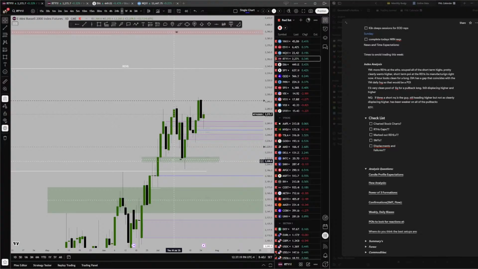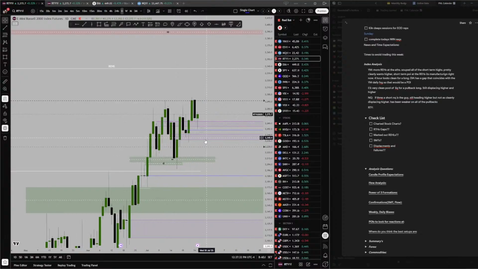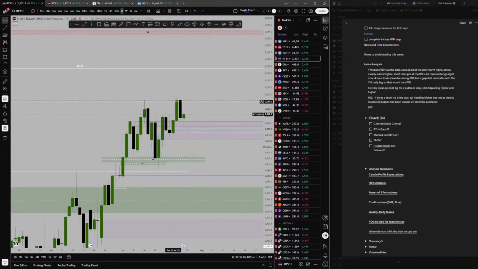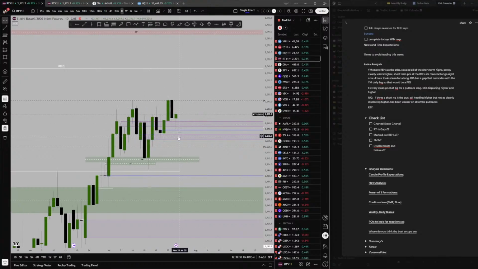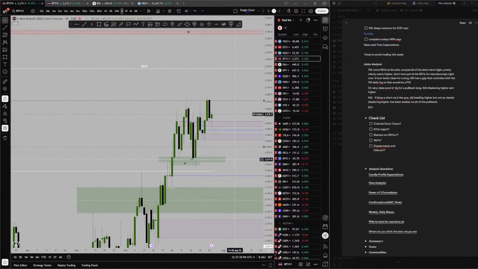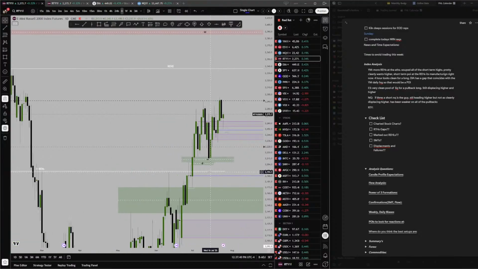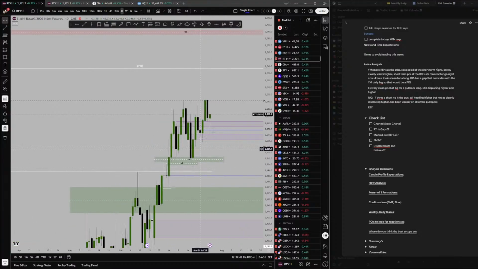Daily, same thing. There's another inefficiency there that got traded into. Nice little daily, and then we manufactured some highs, took them out, retraded lower. There is still a huge pool of liquidity here. I'm going to get rid of this one. Actually, no, we'll leave it.